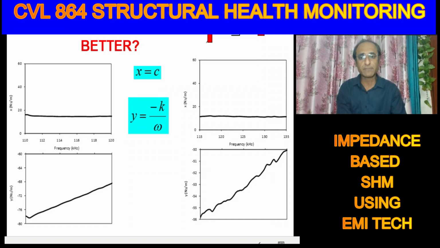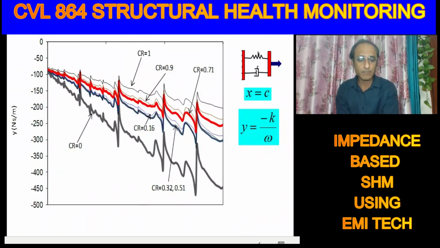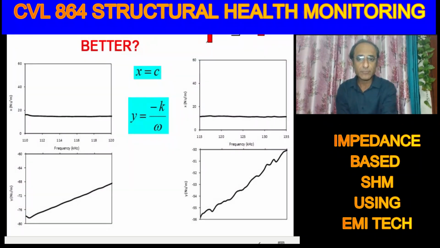The impedance-based approach showed that within this range, from 110 onwards, the behavior of the structure was like a parallel spring-damper combination. For this combination, the C component is nothing but X itself.